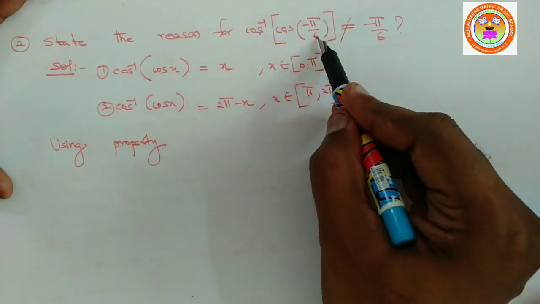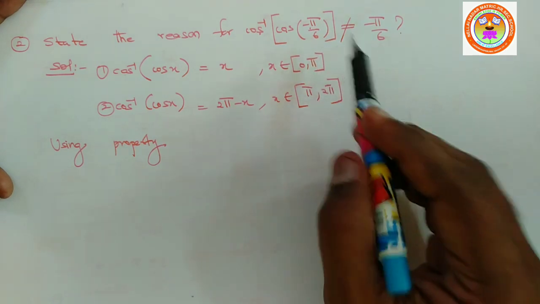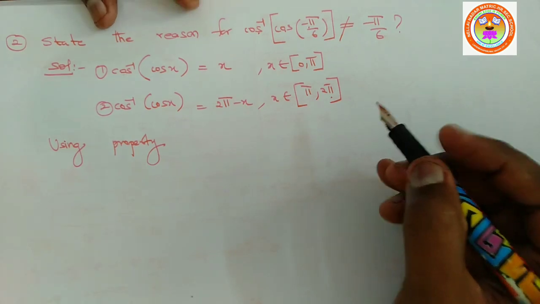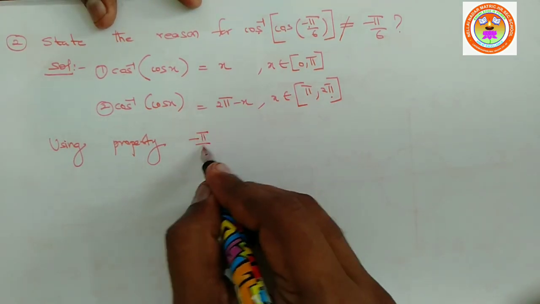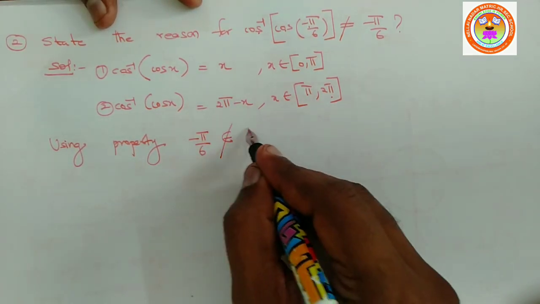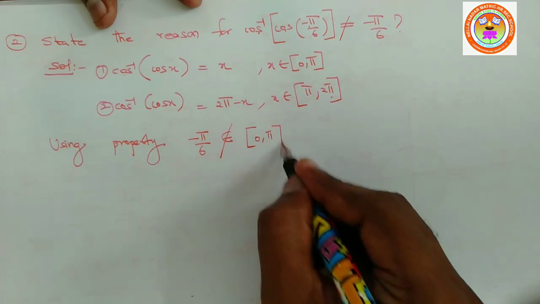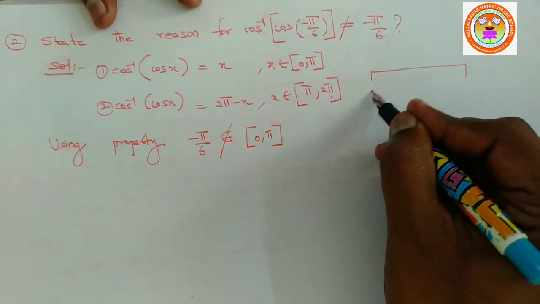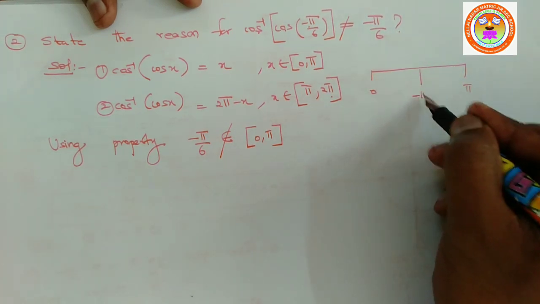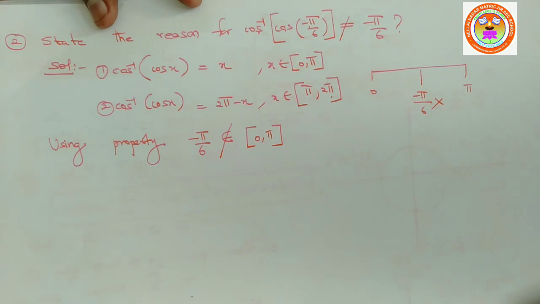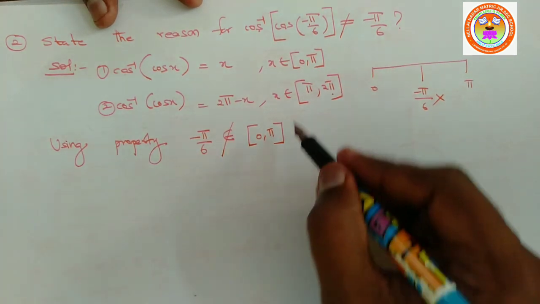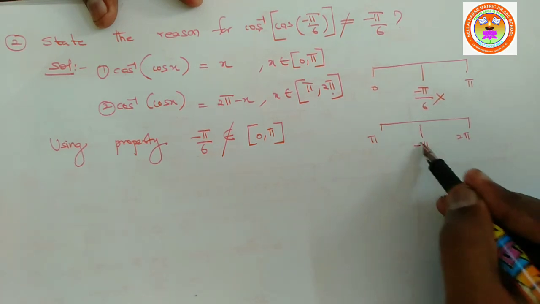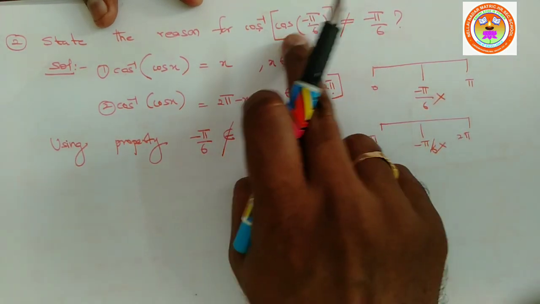This minus pi by 6 does not belong to 0 comma pi, and this minus pi by 6 does not belong to pi comma 2 pi. Those two ranges are both positive values. In between 0 and pi, minus pi by 6 is not present. Not only this, in between pi to 2 pi, minus pi by 6 is not possible.